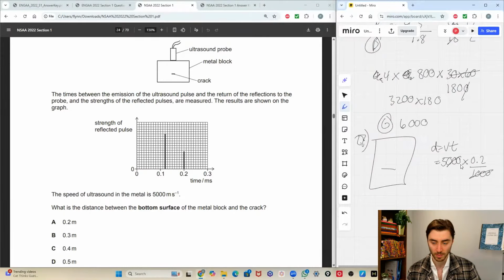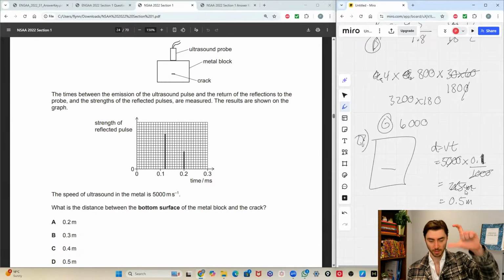So the thousands are going to cancel, and it's 5 times 0.2, so that's 2.5 meters. Except no, because that's double the distance. That's there and back. So it would take 1 millisecond just to go there. And I've done this completely wrong anyway. So the time to go there is 0.1. So it's 0.5 meters deep. Because I did that wrong again. Okay, so there and back is 0.2 milliseconds. Just there is 0.1 millisecond. The milli contradicts that, so it's 0.5 meters deep in total.